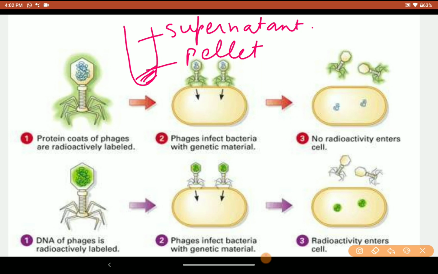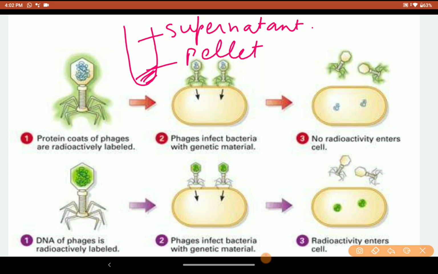But in the second case where we used radioactive P32, radioactivity was found in the pellet where the bacterial cells were, but not in the supernatant. So this proved that the DNA is the genetic material which is passing from the viruses to bacteria, and protein is not passed from viruses to bacteria.